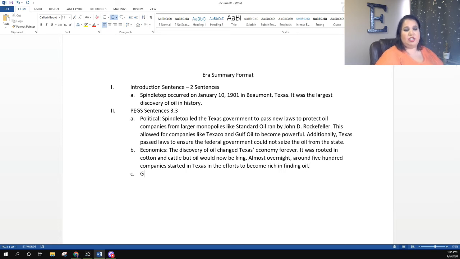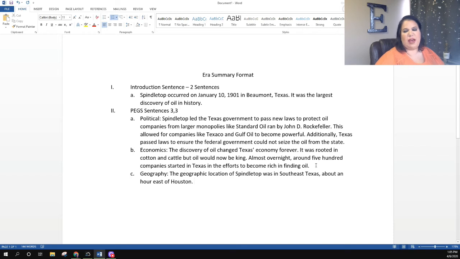All right, we have geography. The geographic location of Spindletop was in southeast Texas, about an hour north or east of Houston.